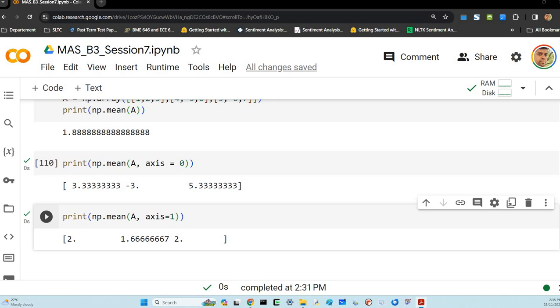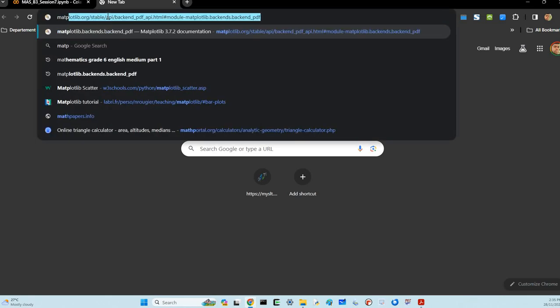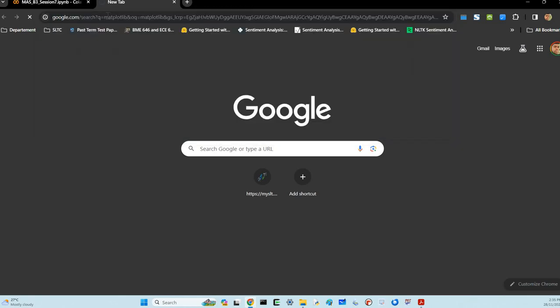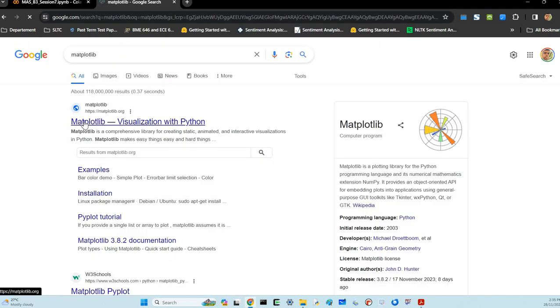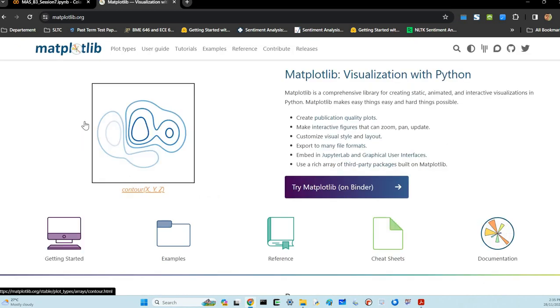Since we are going for data analytics, the next topic or the next library that I want to discuss is visualization. There are many visualization libraries available, but this is usually the basis, which we call Matplotlib.